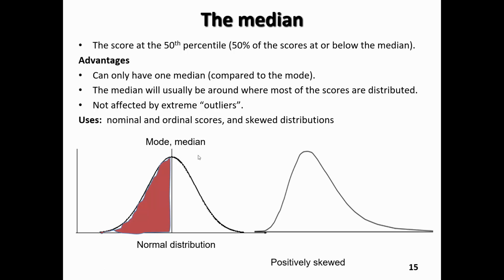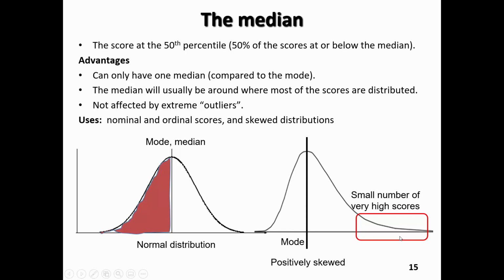In a positively skewed distribution on the right-hand side, here we see a very long pronounced tail going into the positive direction, a small number of very high scores. Recall the outcome variable or the dependent variable is along the x-axis.